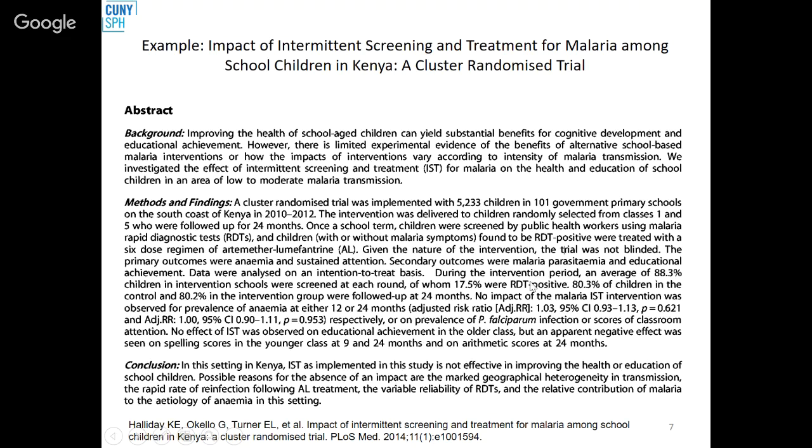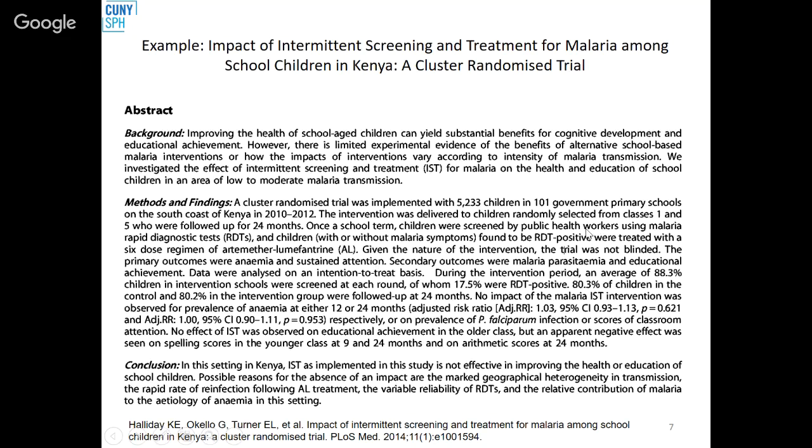But what I think is interesting about this paper is, even if you don't have the tools to do all of the statistical analysis that is performed in here, you do have the tools to interpret all of their results, which is, I think, the primary goal of this course.